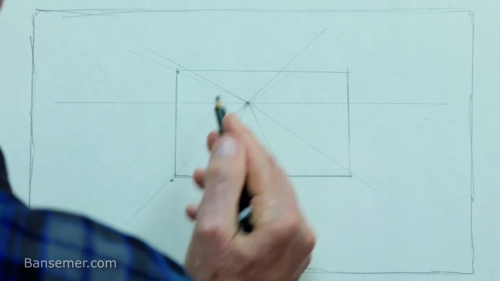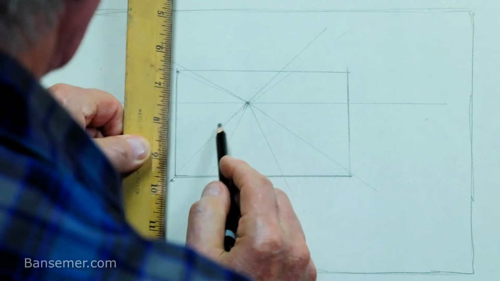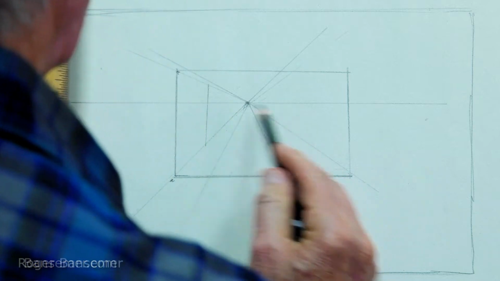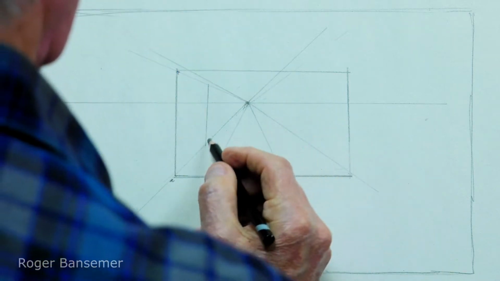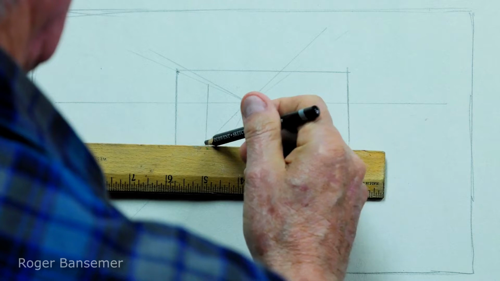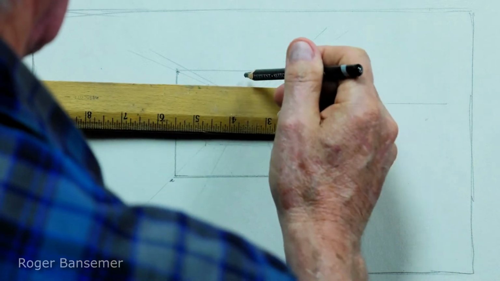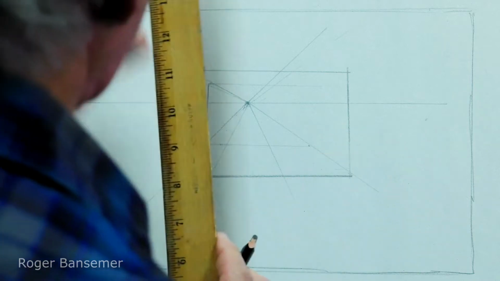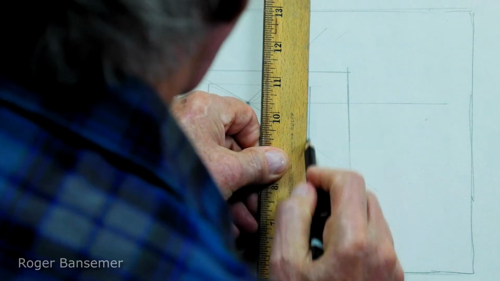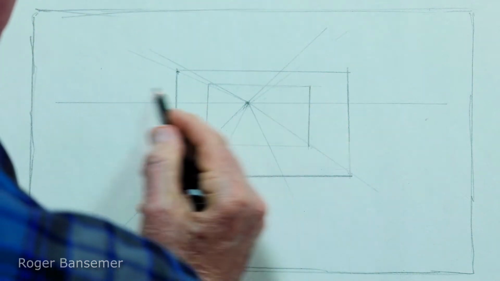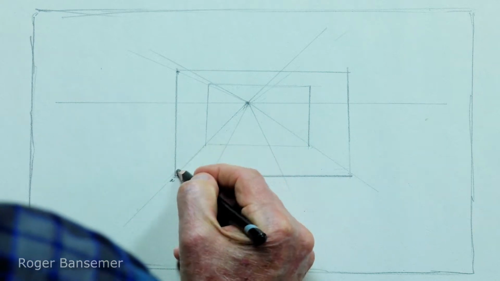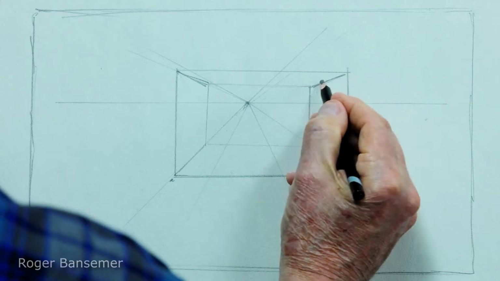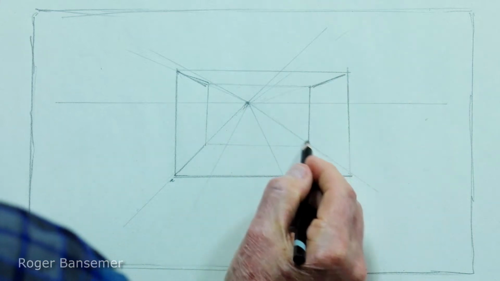Okay, so now we'll make a little transparent building here. So this will be the back wall, and draw this straight across. And where that intersects there, and so here is our building.